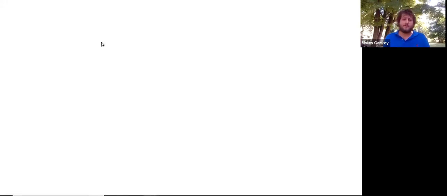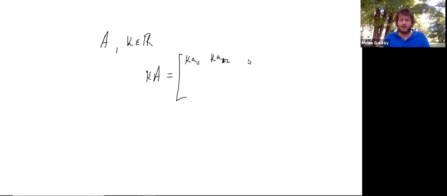Here's the idea. If we have a matrix A and a number K, an actual number, not a matrix, just a number, then the way that we define the scalar multiplication between the two is as the matrix with K times whatever element is in A11, K times whatever is in A12, through K times A1M.